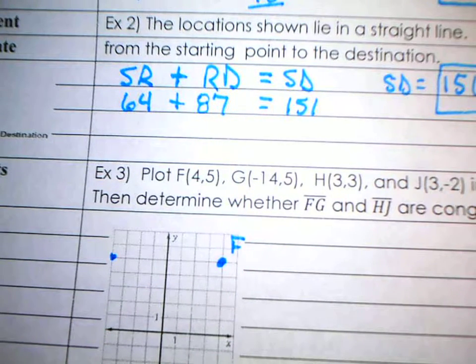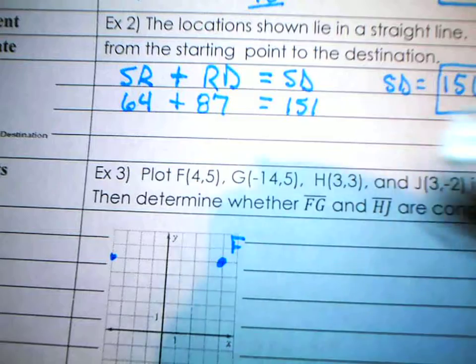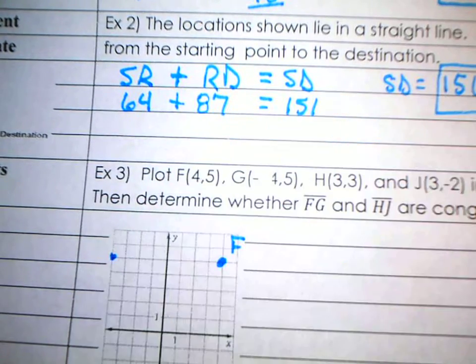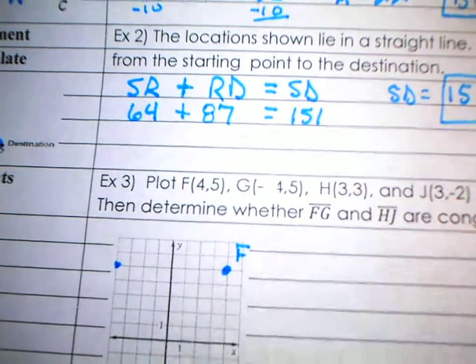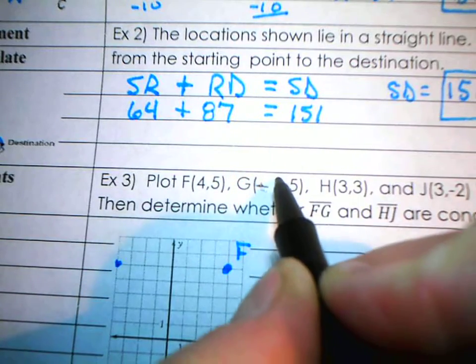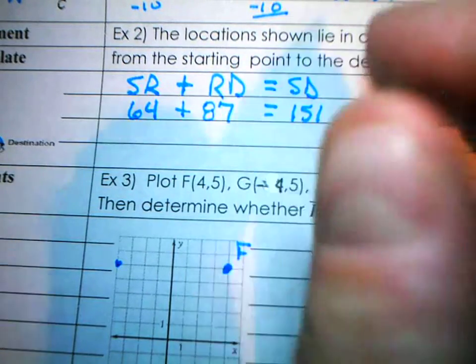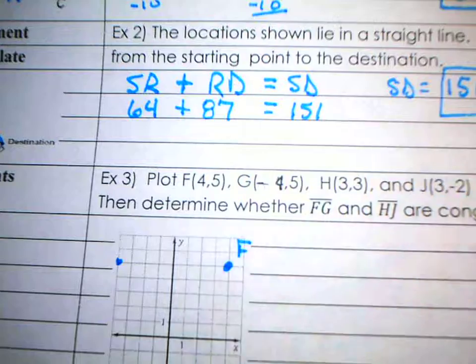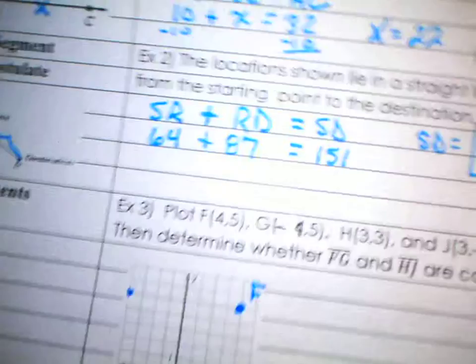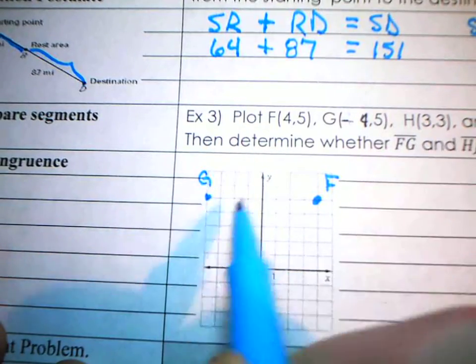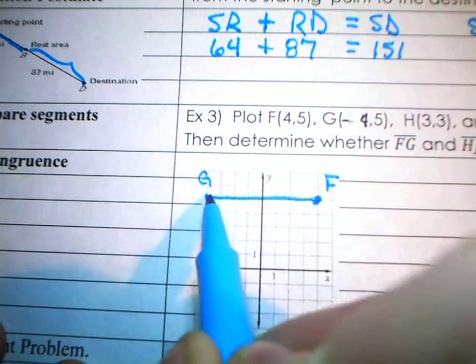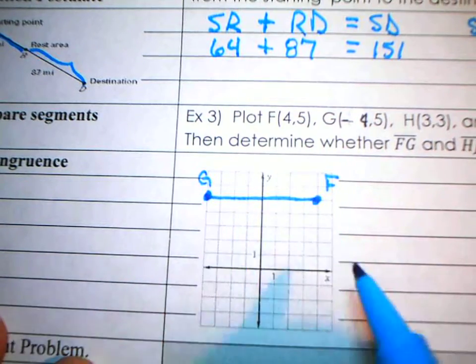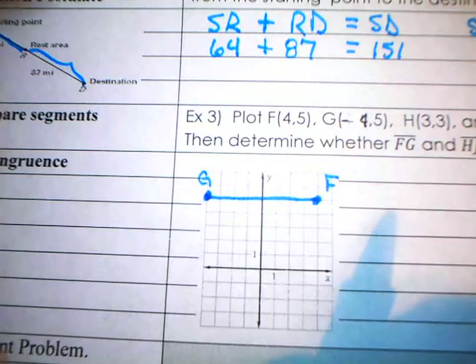I will fix that on yours. I believe that's just supposed to be -4, not -14, because I can't plot that on my graph at all. So that's going to be my G value. So I have a segment that goes from F to G. It is a horizontal segment.